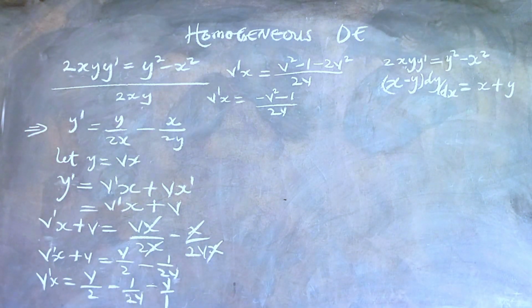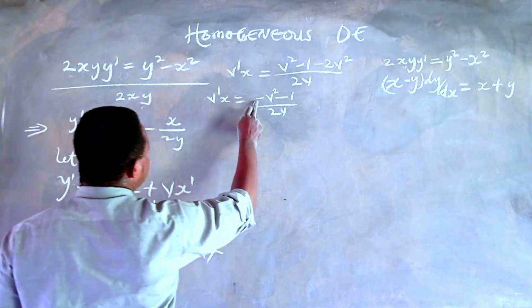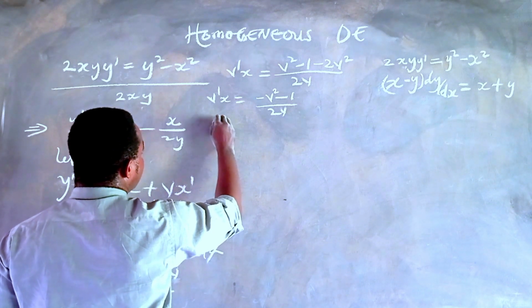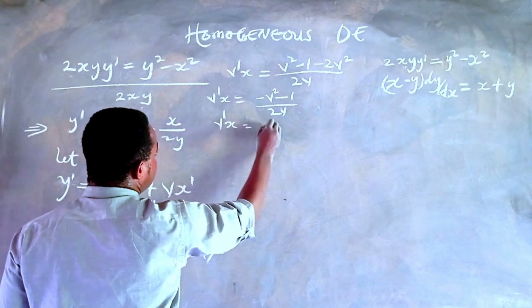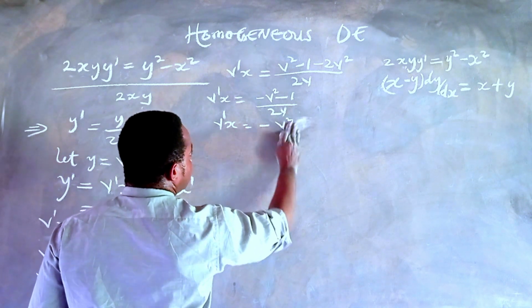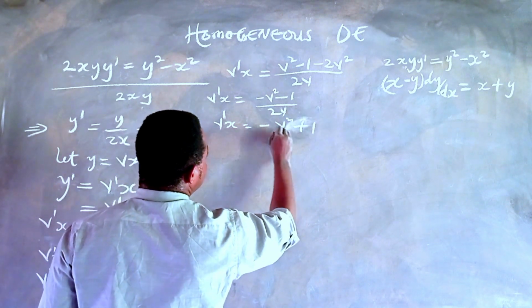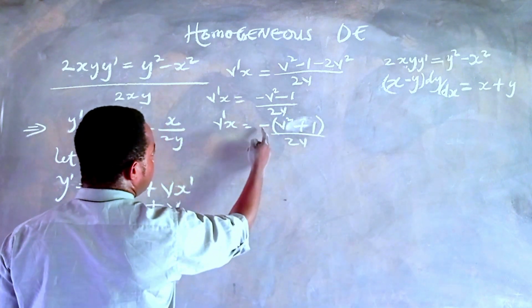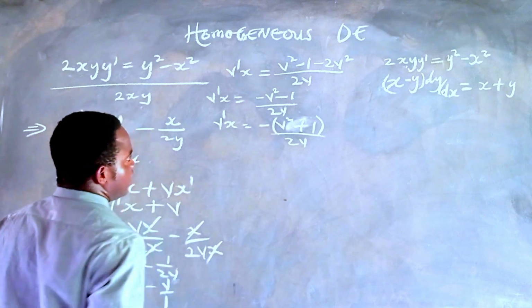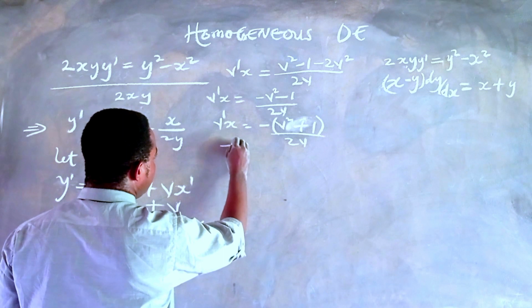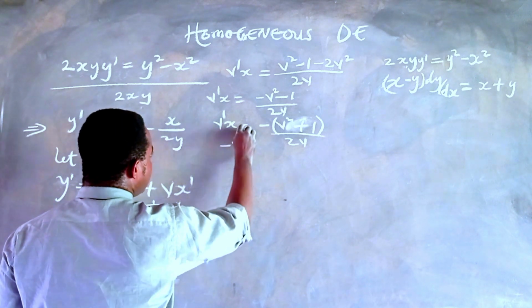At this point, it's time we express v prime properly, so that we can begin separation of the variables. Let us extract the negative component at the numerator there. Like I used to say, it's important to get the negative component out so that we don't run into problems when we are trying to find the integral.